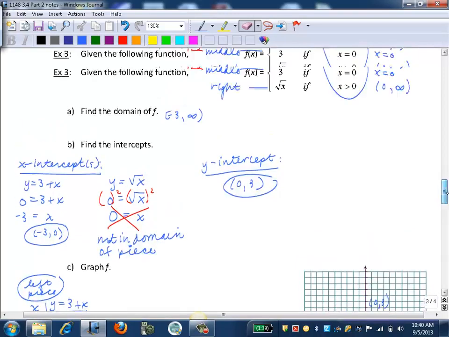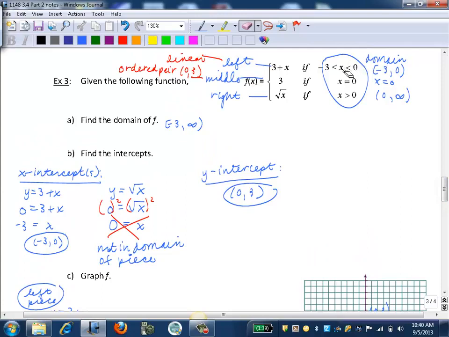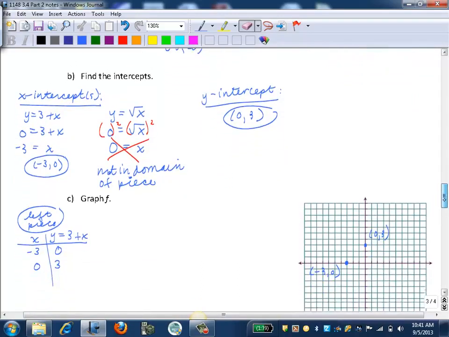Okay, now it's important to note that this right boundary of this piece, the 0, did not have an equals on it. So we do not include that boundary. That means when we plot the point 0, 3, in this boundary, it's actually a hole. So you want to note that. This is a hole in the graph, and we'll indicate that with an open circle. If we go onto our graph, we happen to have these plotted already.